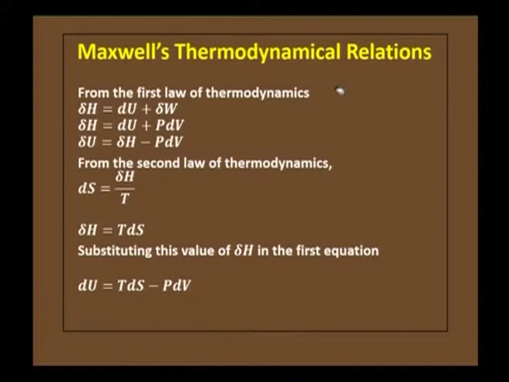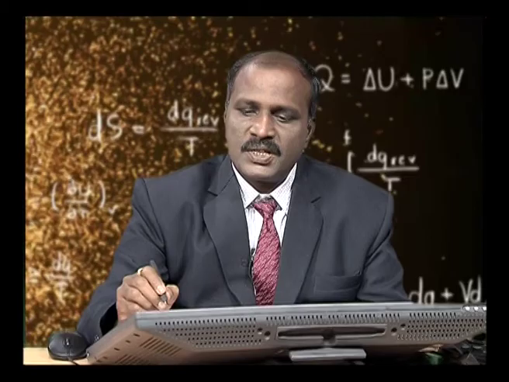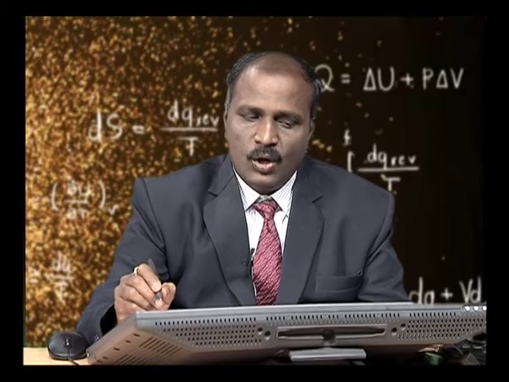We know that from the first law of thermodynamics, delta H is equal to dU plus delta W, where delta H is the heat energy supplied, dU is the internal energy and delta W is the work done. We know that the value of delta W is P dV, where P represents the pressure and V represents the volume.